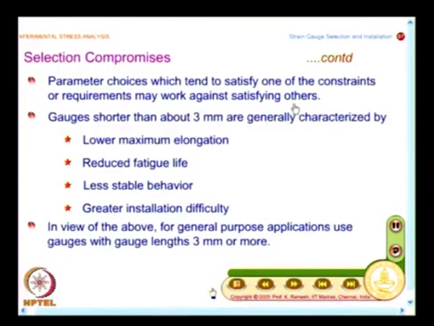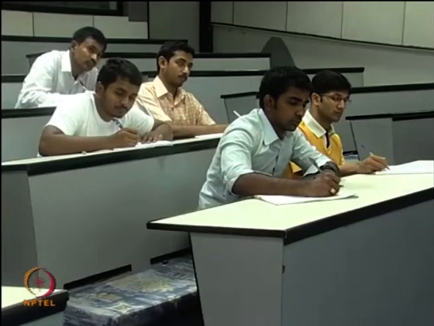This is there in any selection. So, when you have to make a selection, you have to strike a compromise. That is why even the discussion is titled selection compromises. So, you compromise it scientifically.